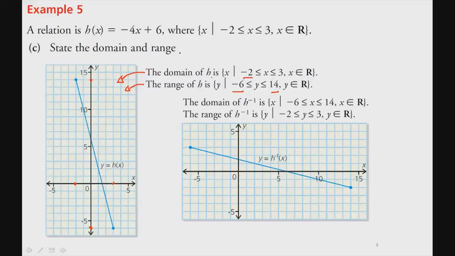Again, if you're not too good at domain, you may want to go back and watch the domain and range video, which explains about the shadows and seeing where these are. But the interesting thing that happens when we graph the inverse, because we're switching the x and y values, is the range now becomes the domain, and the domain becomes the range.